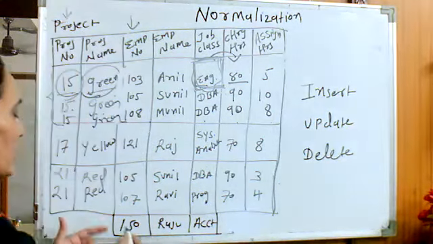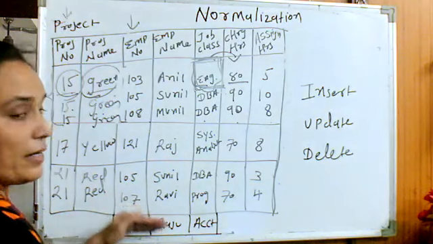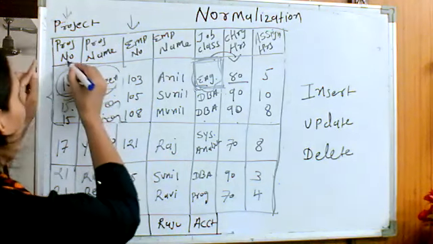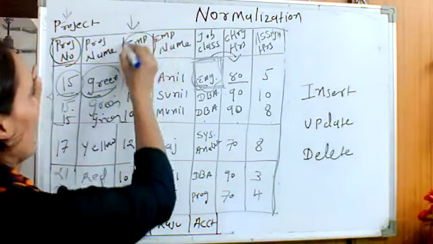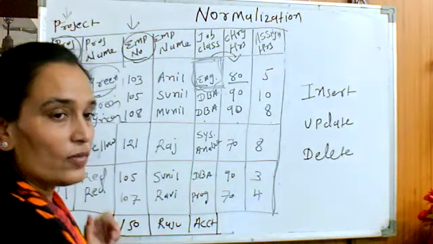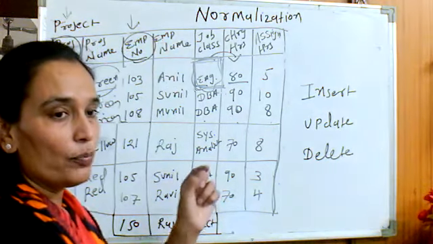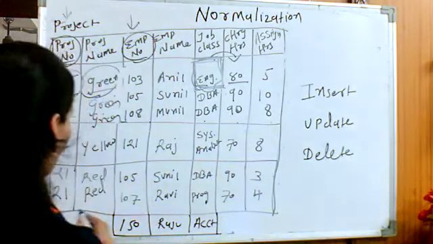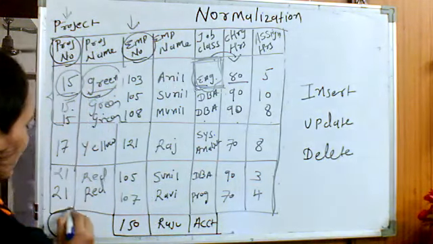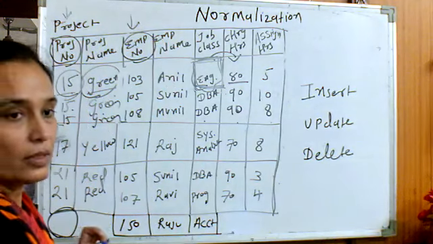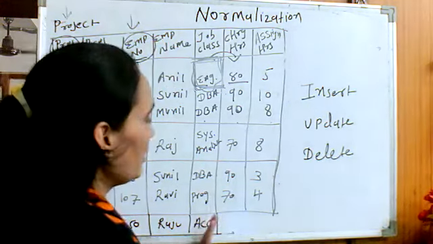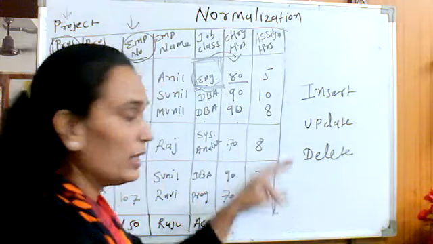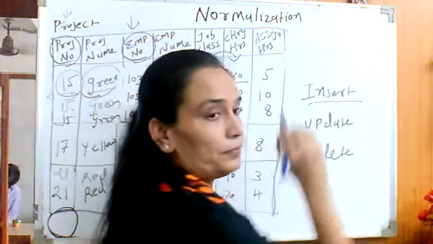Because in this example, we have created primary key, which is project number and employee number. As we know, primary key cannot be null. So this column cannot be null. So we cannot add this data into this table. So it is an insertion problem.